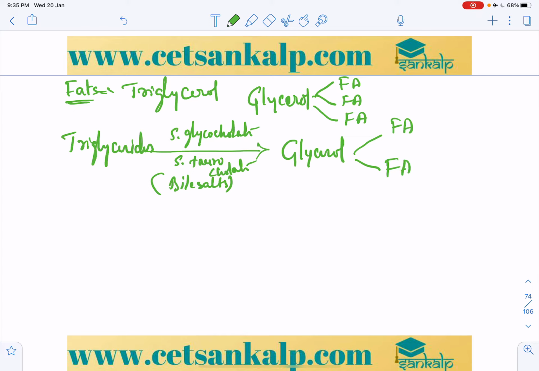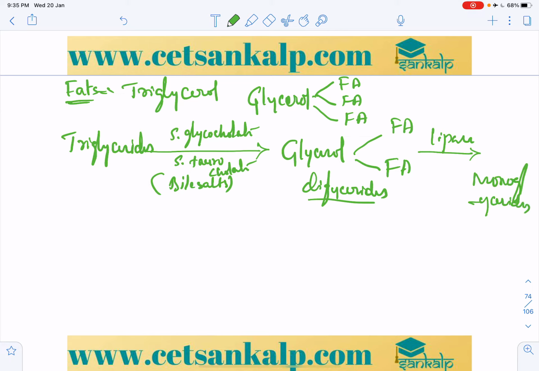Then later, once again, when the lipase acts, it will finally produce, keep it in mind, what we call a diglyceride. This is triglyceride and this is diglyceride. These diglycerides are converted by the action of lipase into monoglycerides.